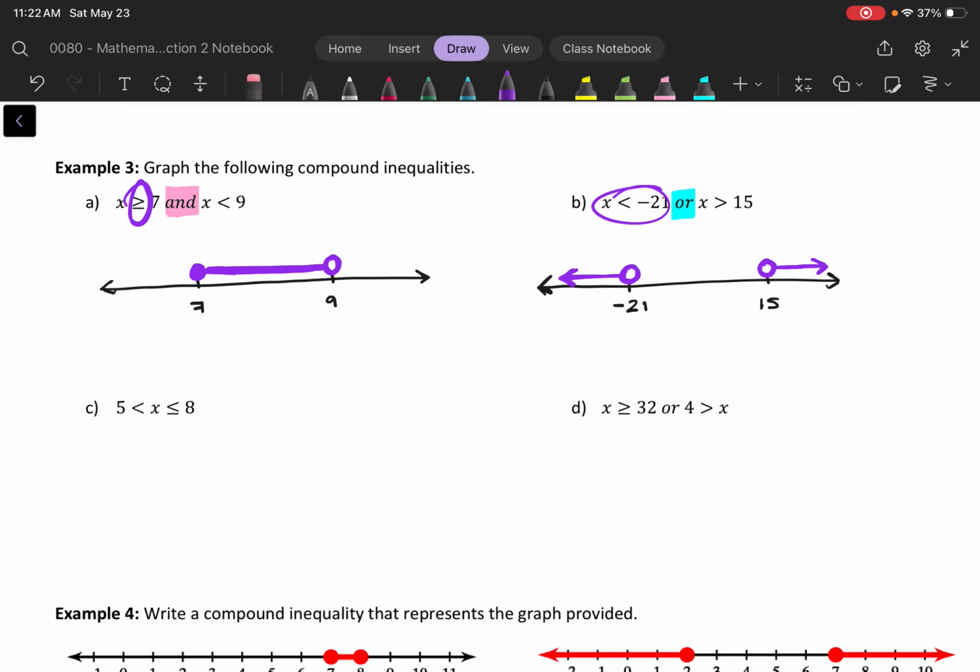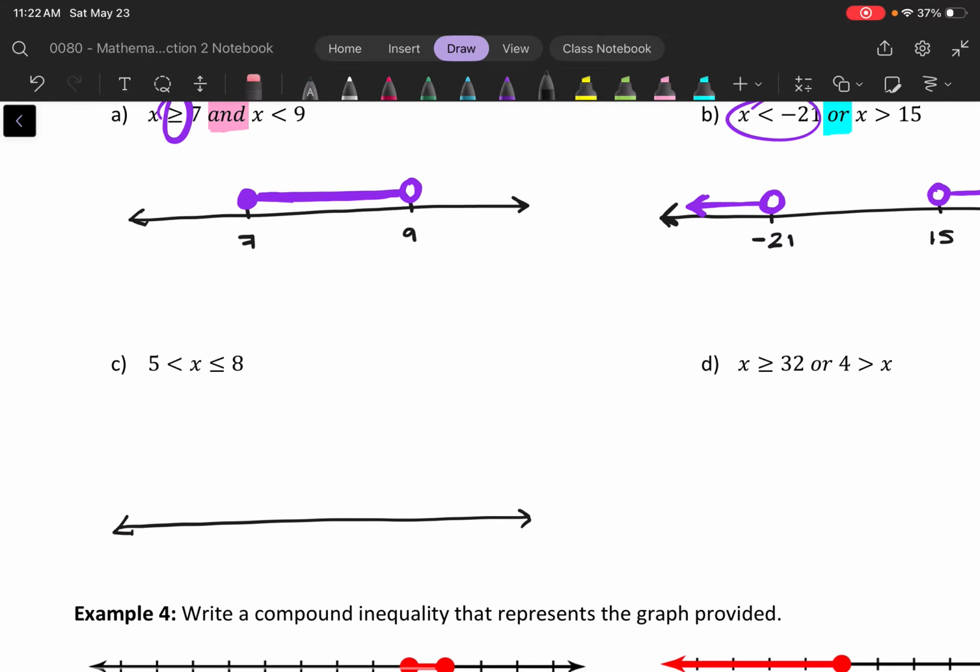Okay, the next one is an and situation, but it's written as a complex inequality, which means we have two possibilities of doing this here. Possibility number one is we can start by drawing our endpoints, 5 and 8. And I could draw my circles based on the inequalities.